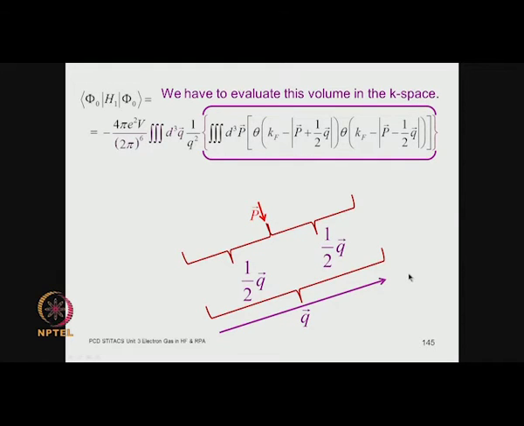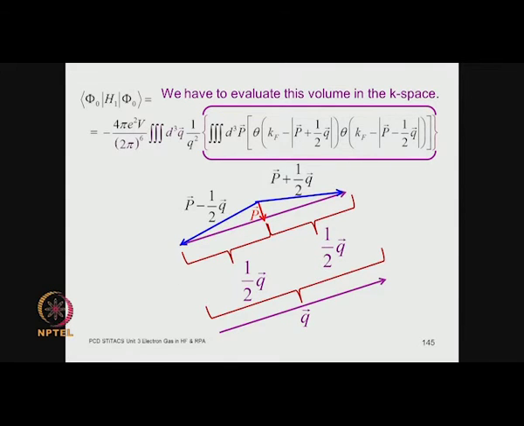So, I write this q as twice half q. This is the geometry now, and what it tells me is that this vector is P plus half q and this vector is P minus half q. This is just from the triangle law of addition of vectors.